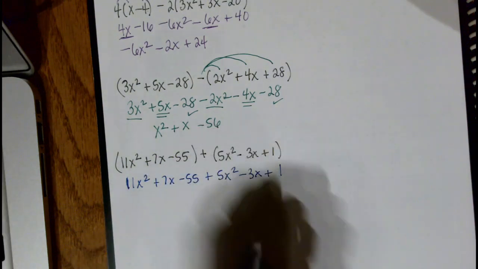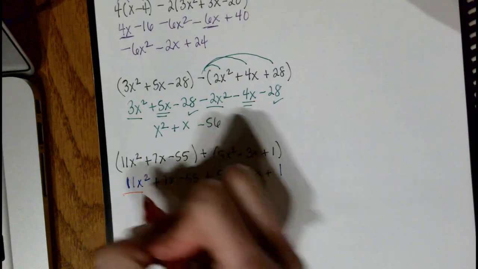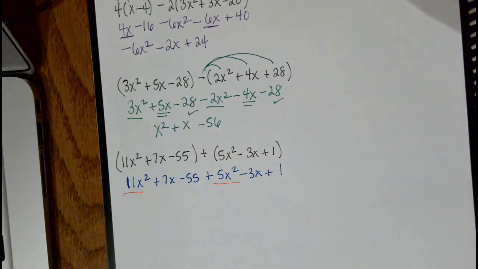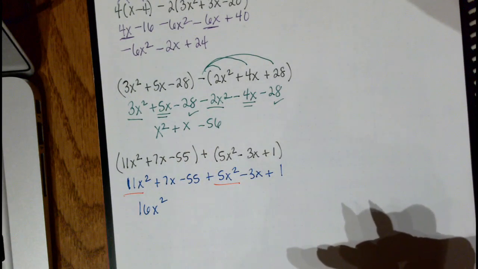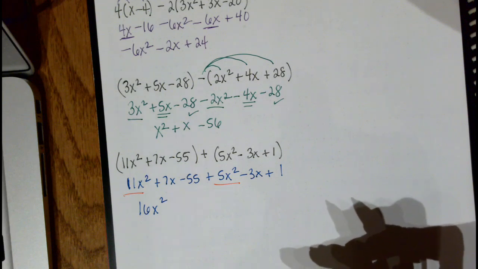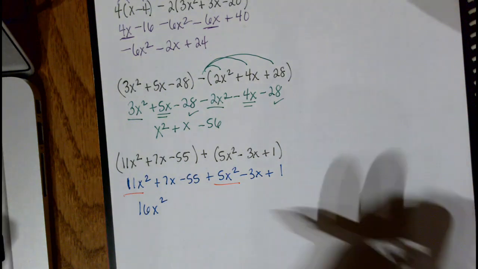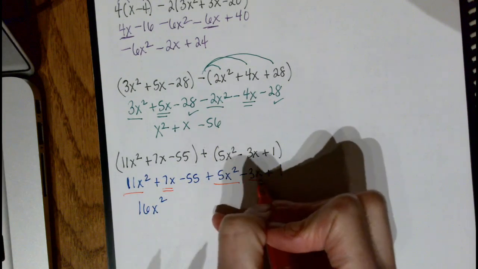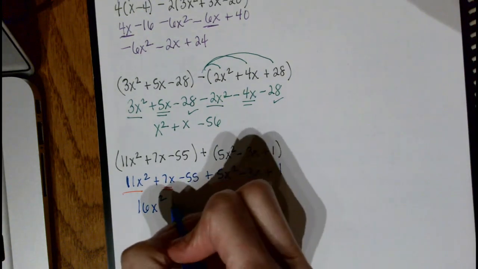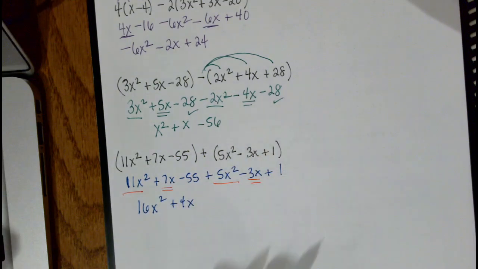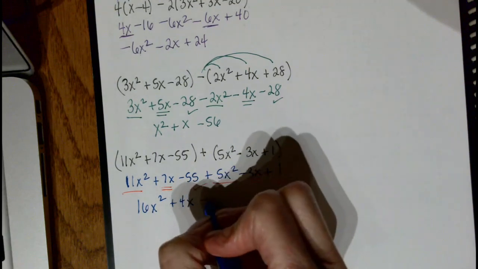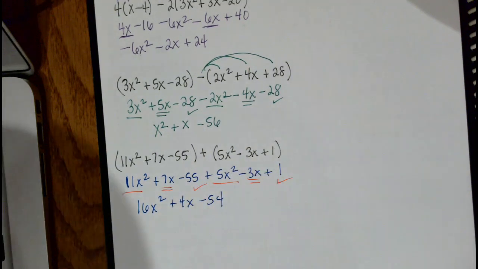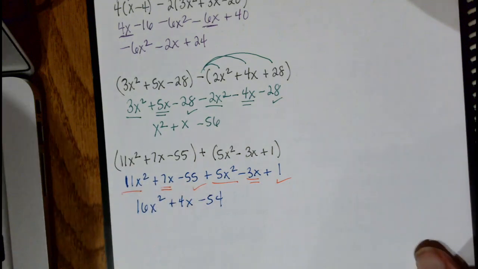When we combine like terms, 11x squared plus 5x squared is 16x squared, which means that it's not going to match our answers here. If you want to know the rest of it, very quickly, 7x minus 3x is 4x, and negative 55 plus 1 is negative 54. Again, not the answer. So I'm going to flip things over.